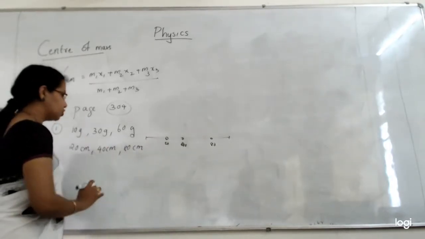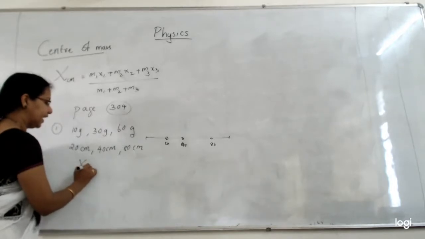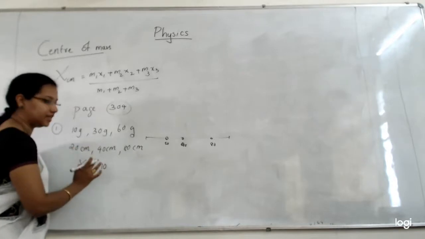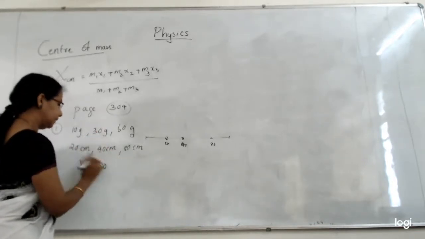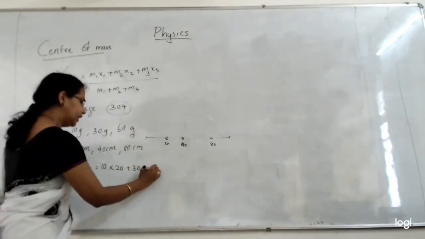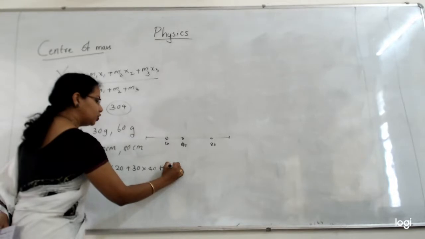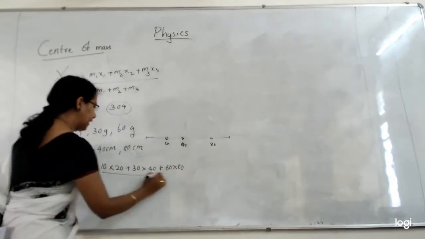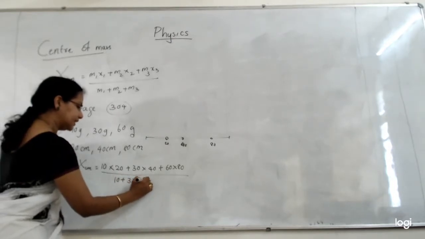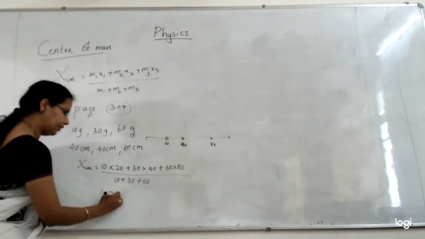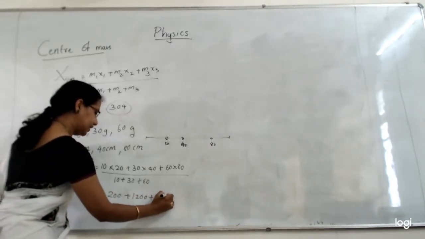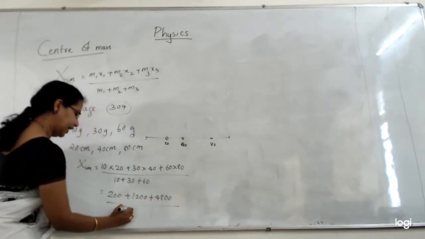It's a direct substitution question. We can just write XCM as m1, in this case 10, and both are in CGS, so I'm putting it in the same unit system. 10 into 20 plus 30 into 40 plus 60 into 80 divided by the total mass 10 plus 30 plus 60. So it is 200 plus 1200 plus 4800 divided by 100.